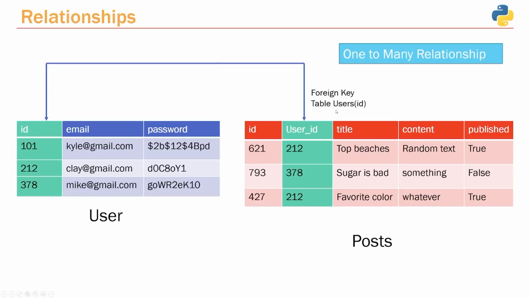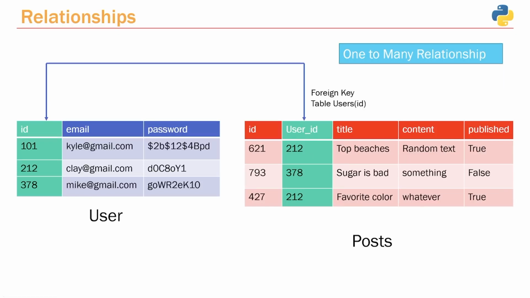And all this does is, this is really such a simple concept. Whatever user creates this post, we just embed the ID of that specific user. So for the post with the ID of 621, the user that created this has an ID of 212. So if we take a look at what user has an ID of 212, we go here and we can see that clay@gmail.com created this post. And so that's all we have to do to set up a relationship between these two tables.